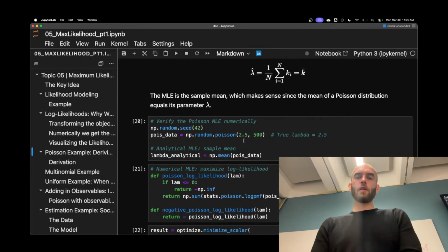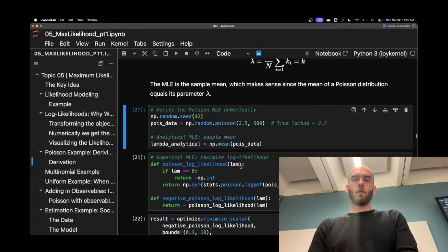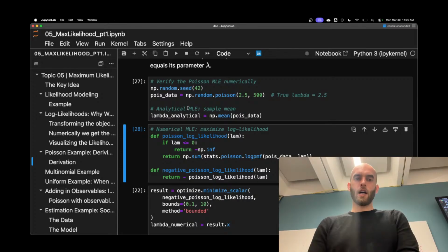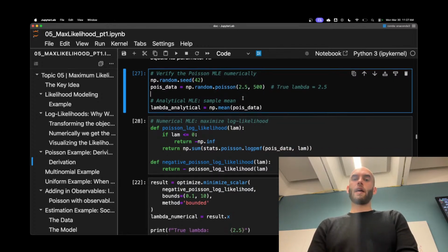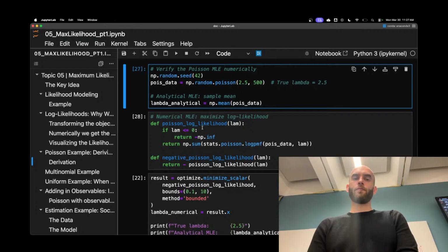Let's plot a few things and then I'll send you out the door. First, we're going to collect 500 observations from a Poisson distribution with a lambda of 2.5.